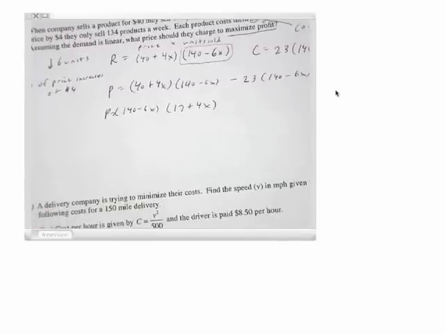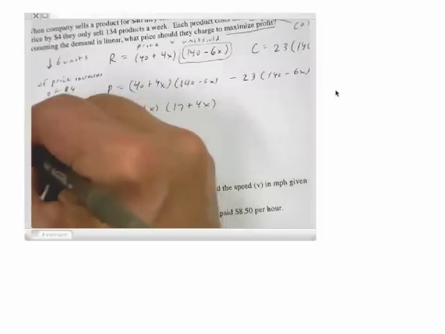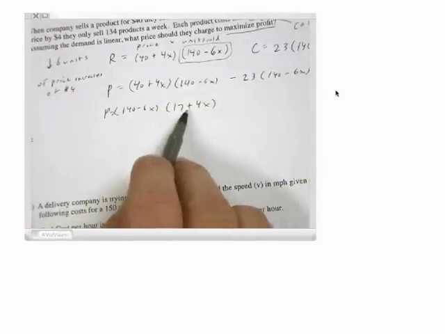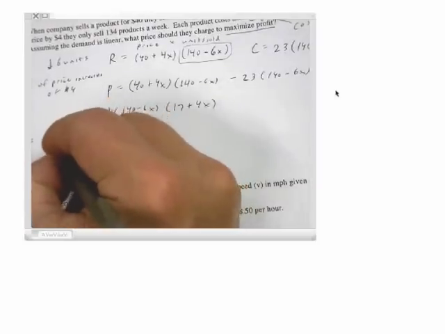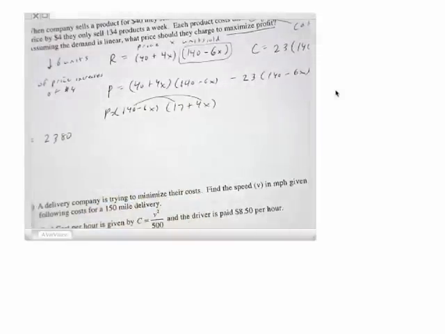All right. So you've got two options here. When you take the derivative, you could FOIL this out and then take the derivative of that, or you could do the product rule and do the derivative that way. I'm going to FOIL it out first. So we've got 140 times 17, which I believe is 2380. And we've got 140 times 4x, which is 560x.